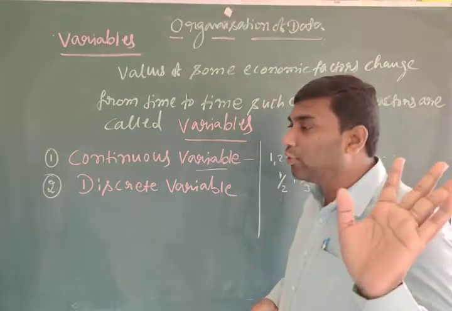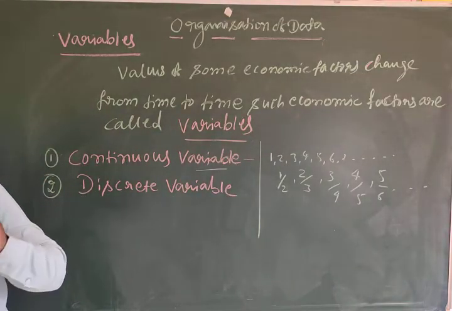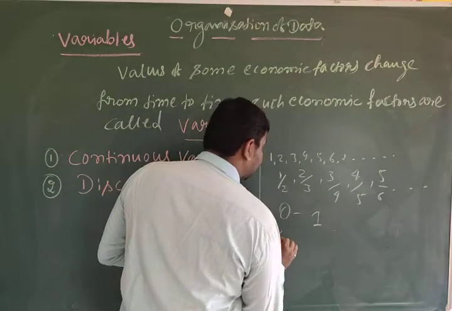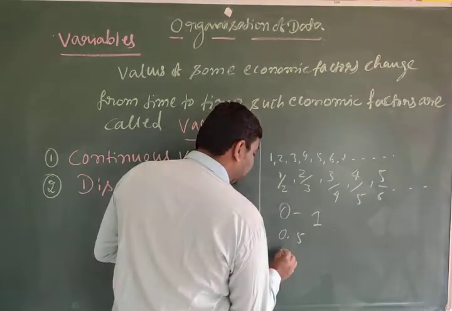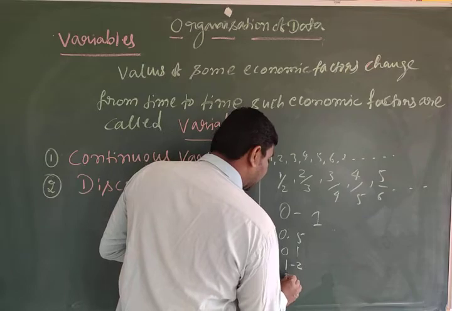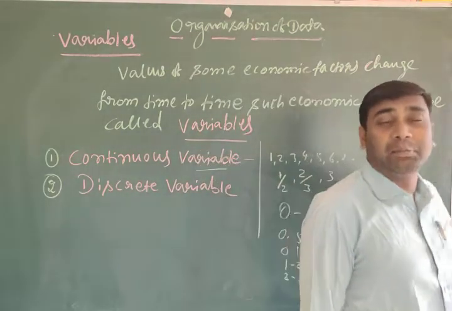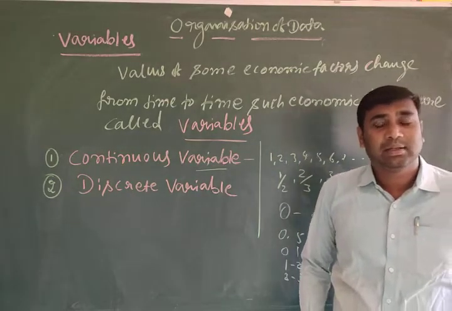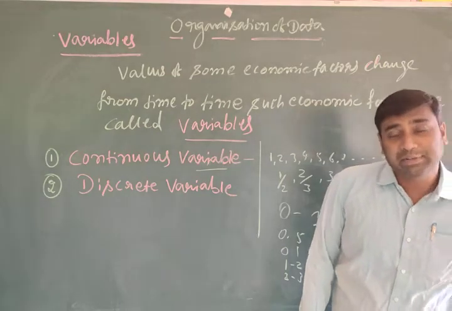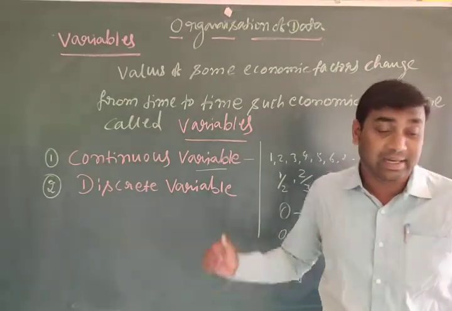The value takes 0.5, 0.1, and so on between 0 and 1 liter: 100 ml, 200 ml, 250 ml, 300 ml, 350 ml, 400 ml, 450 ml, 500 ml. This is a continuous variable.